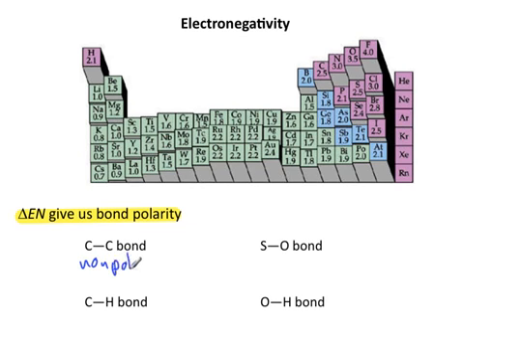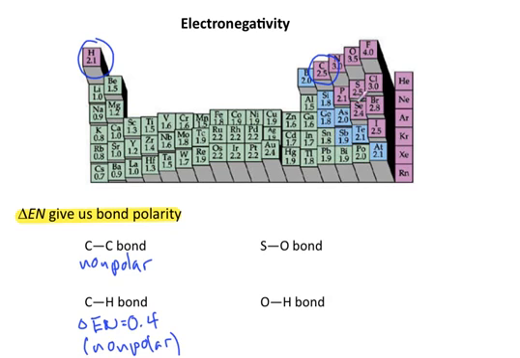There's no difference in electronegativity. A carbon-hydrogen bond is a little different. Hydrogen is 2.1, carbon is 2.5, so there we have a delta EN of 0.4. There is a difference, but again, that's a small difference. So carbon-hydrogen bonds are typically classified as nonpolar, hence all of the hydrocarbons being nonpolar.